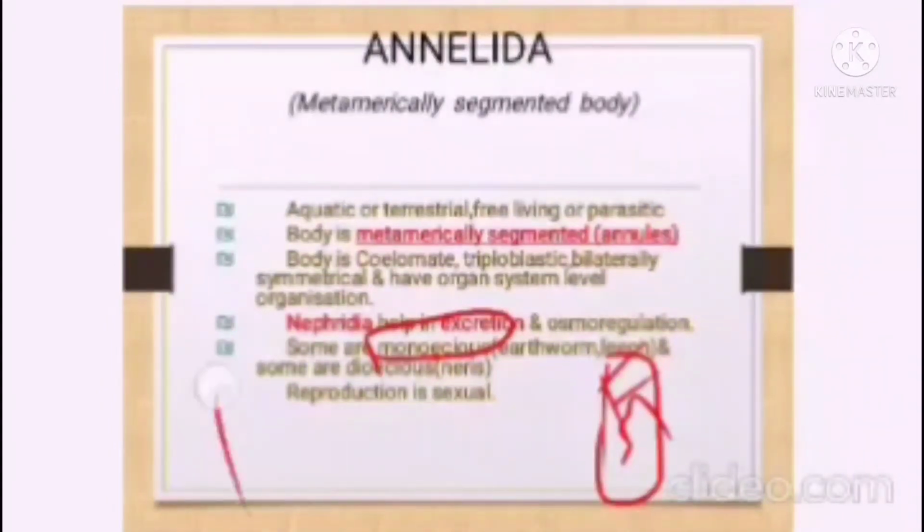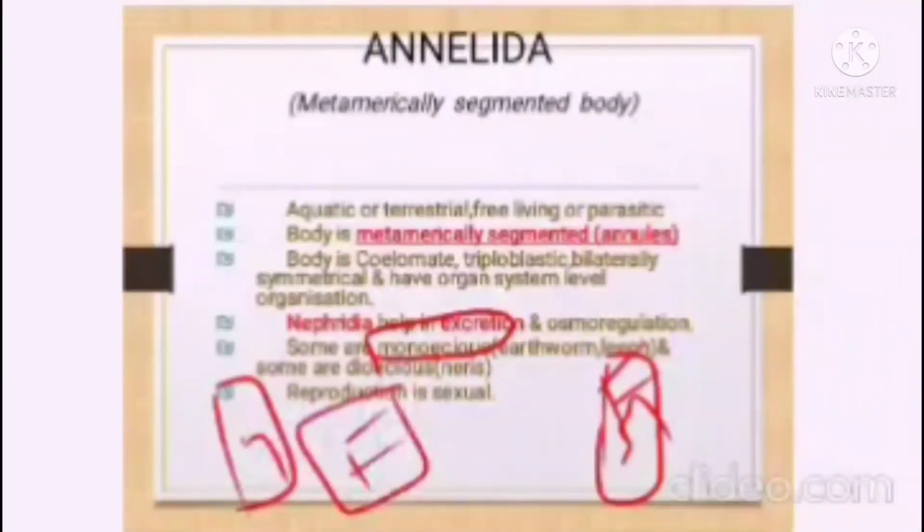If the male organism is different and the female organism is different, then we call it as dioecious. Okay. So example for monoecious annelidans are earthworm and leech. Example for dioecious annelidans is Nereis. Male and female are different, present in different organisms. Okay. And reproduction is sexual, that is regarding Annelida.